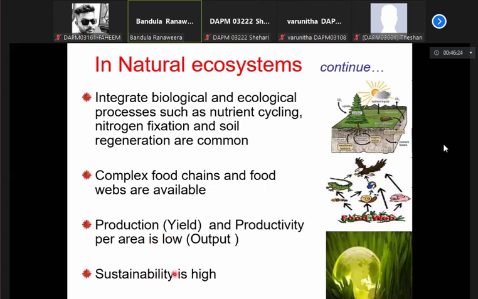Now I think it is clear that when we say sustainable, what is the meaning of sustainable agriculture? It is agriculture without deteriorating the resource base. In natural ecosystems, the resources are recycled regularly. Therefore, no nutrient or resource is depleted in a natural ecosystem, but what about long-term existence?